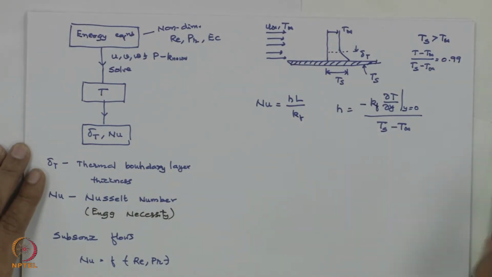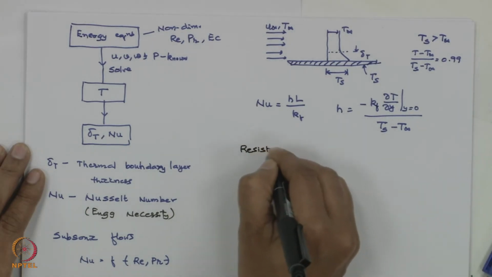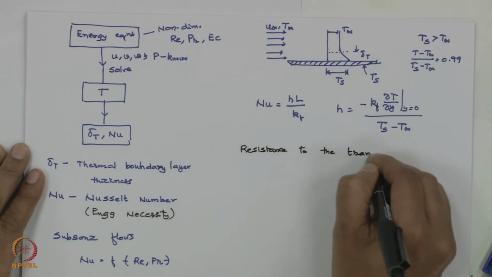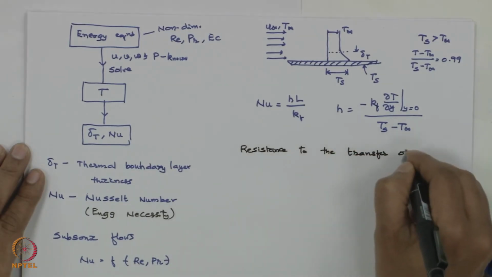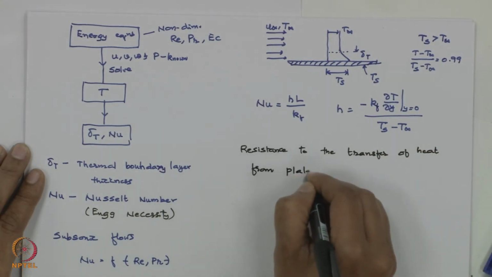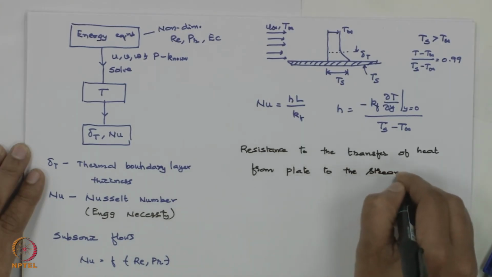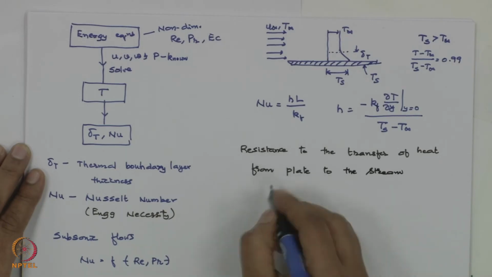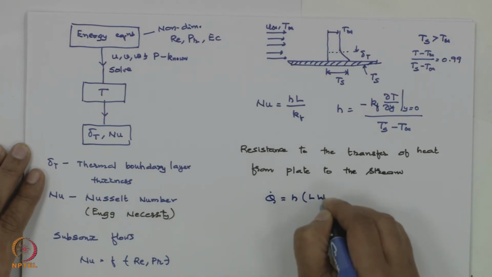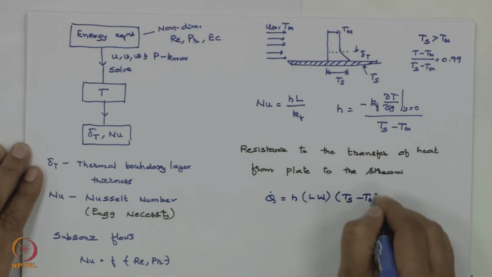Now, what is the engineering necessity? Engineer is interested in resistance to the transfer of heat from plate, here Ts is higher than T infinity, so from plate to the stream. Or you can simply say heat transfer rate, that is, heat transfer rate Q dot equal to h into area, that is length into width of the plate, into Ts minus T infinity.